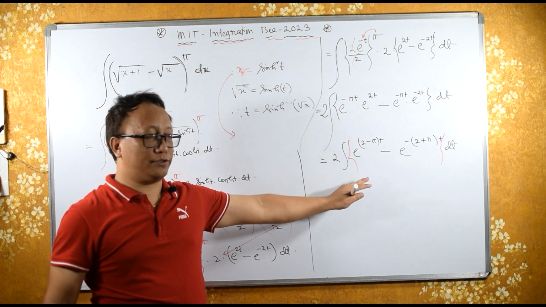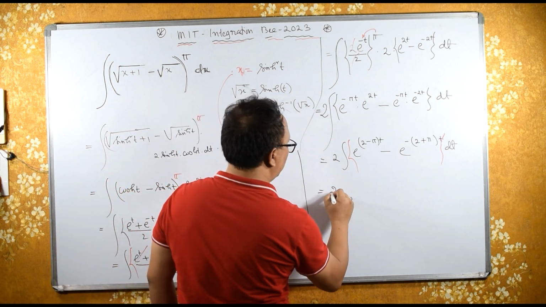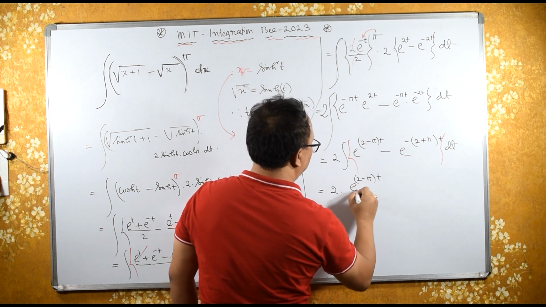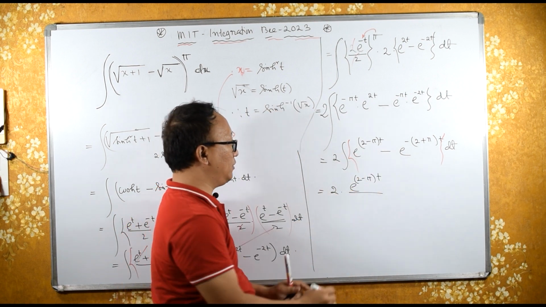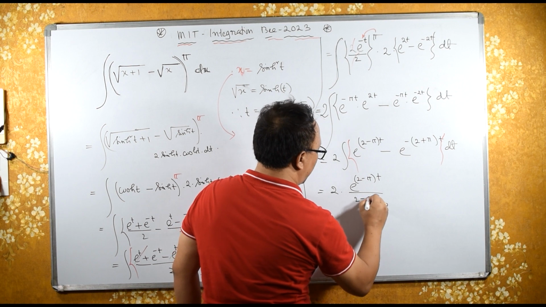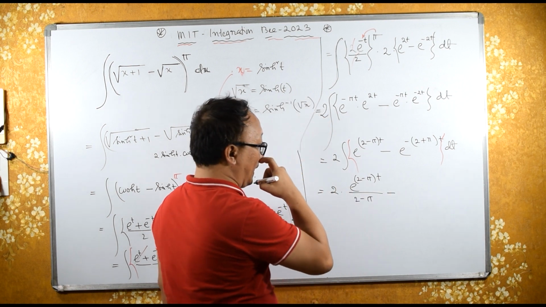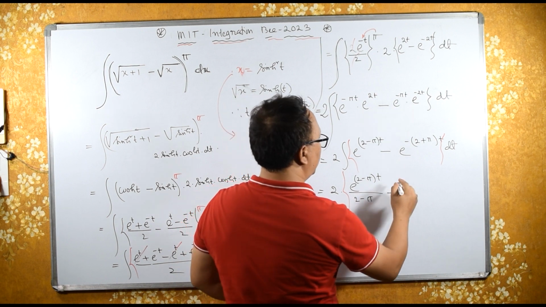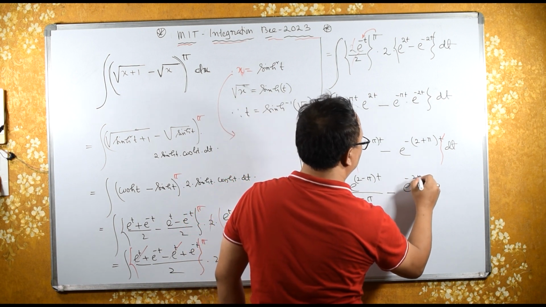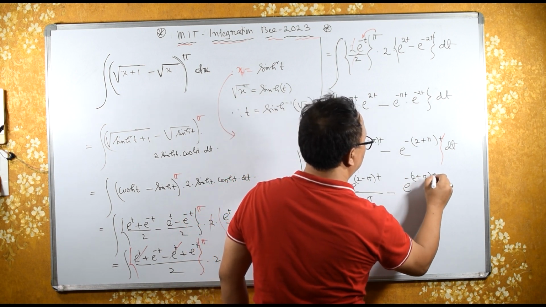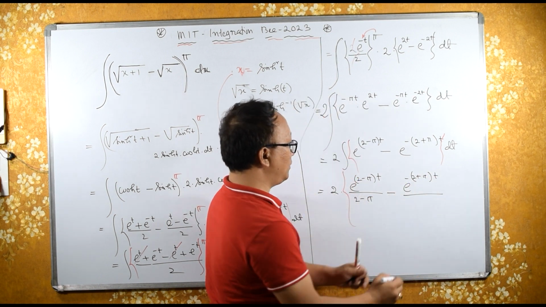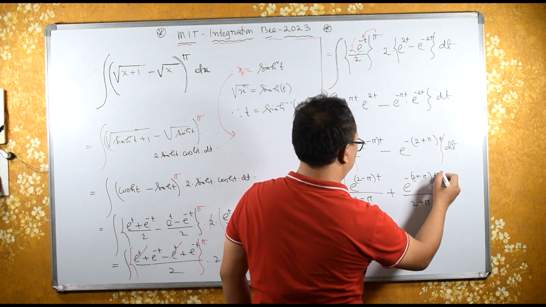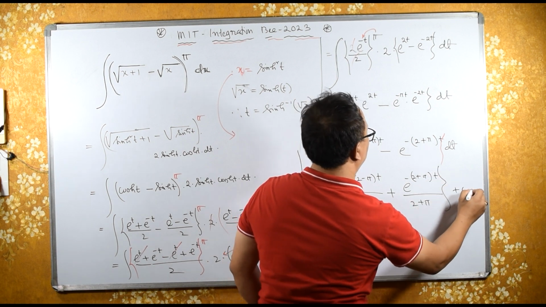Now let's integrate this with respect to t: 2 e raised to (2 minus pi) t upon the differentiation of this with respect to t, which is 2 minus pi, minus e raised to minus (2 plus pi) t, whose differentiation gives minus (2 plus pi), plus c. What is t?